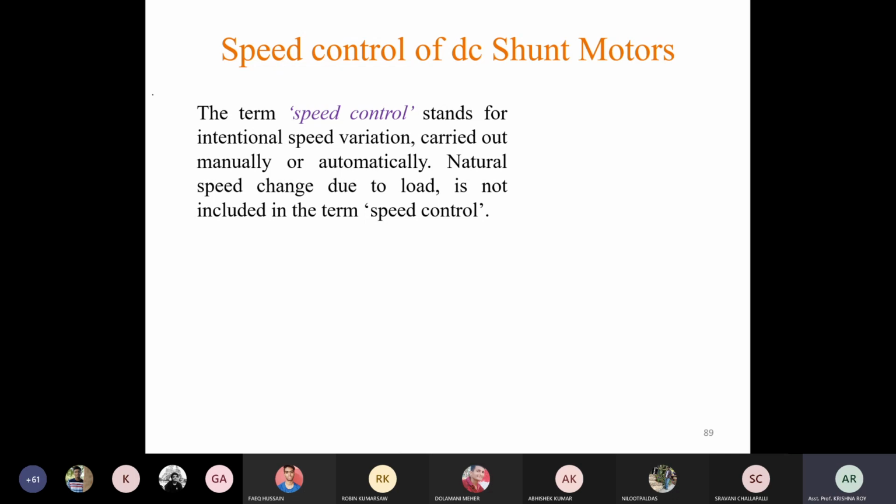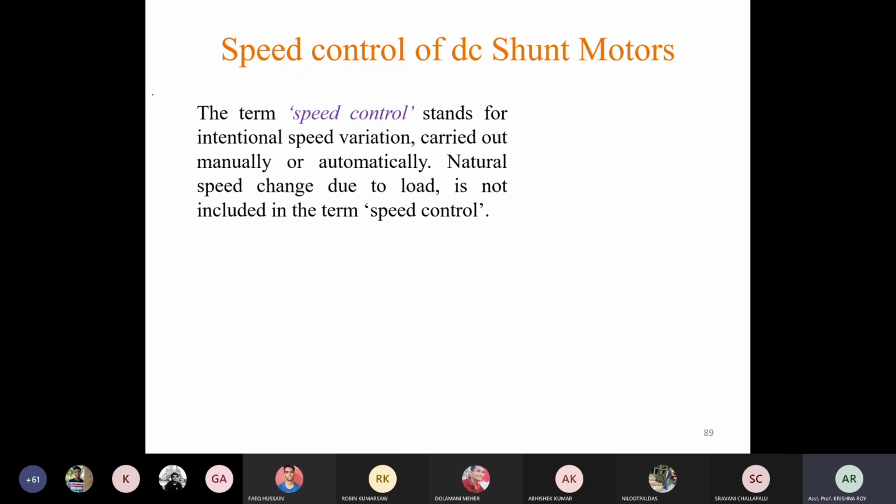Now there are some other ways of changing the speed. That means the speed can change in some natural way. Okay, let us consider our home used fan, where after certain days we will see that some dark particles get deposited on the fan blades, thereby reducing the speed of the fan.